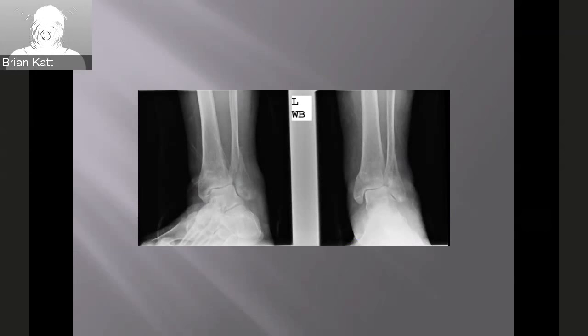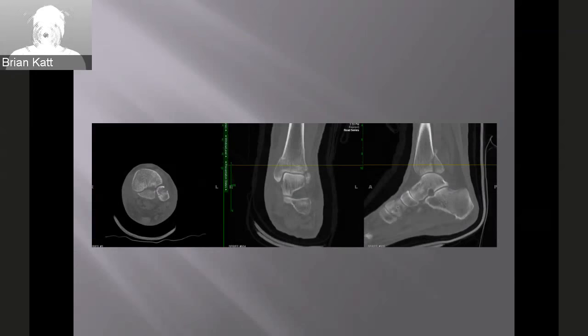She came back 2 weeks later, and you can see that I missed all this here, the medial malleolar fracture. You could see the posterior malleolar fracture here. So it was a good thing she came back a week or two later for follow-up. But on the CAT scan, you can see quite a bit of the extent of the injury that was missed, even with getting these weight-bearing views in the office.